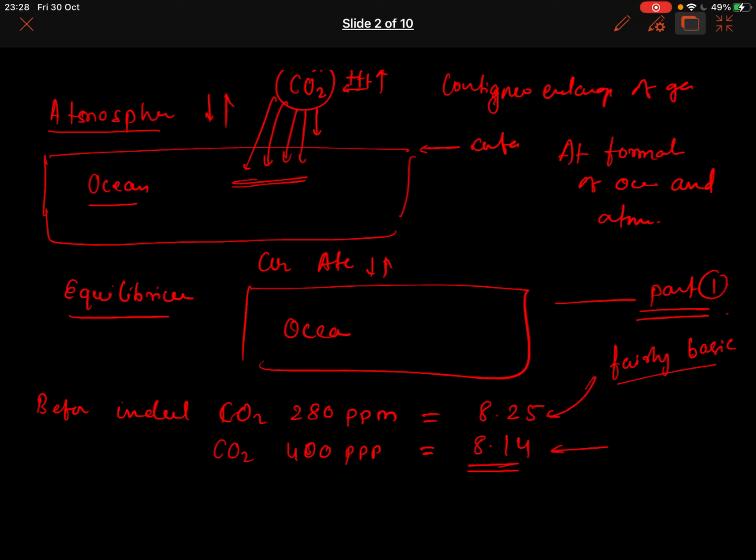Now, how this change happens with the increase of CO2 is the next thing we will address. We have seen CO2 concentration at 280 and pH at 8.25, and then CO2 concentration went to 440 ppm and pH came down to 8.14.